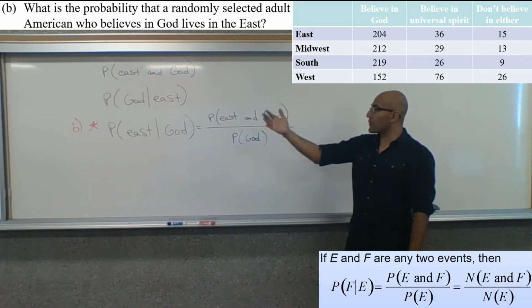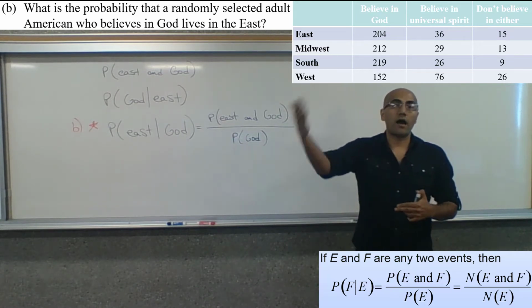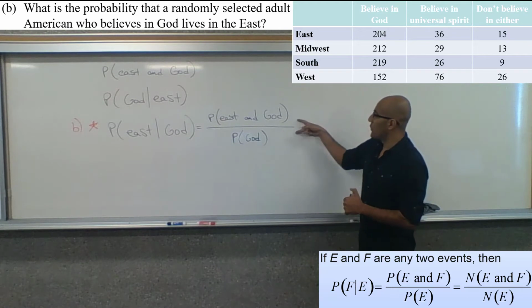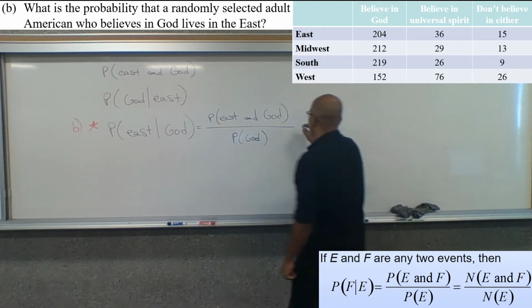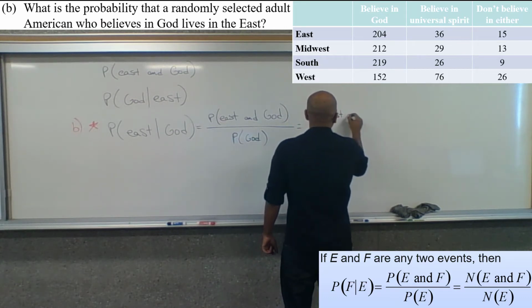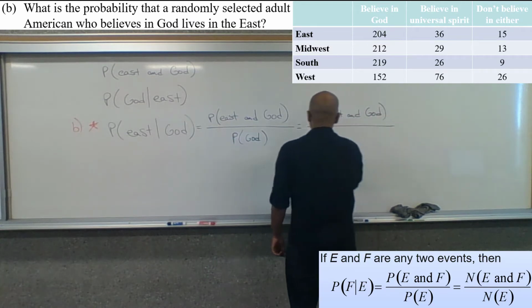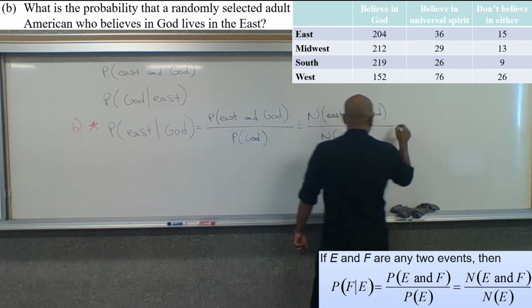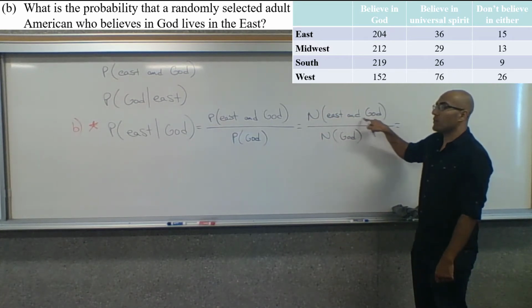So in this particular word problem, it makes more sense to use the other part of our definition, which is the number of elements in those events. So this is equal to the number of elements in East and God divided by the number of elements in God, right? So how many people live on the East Coast and believe in God?